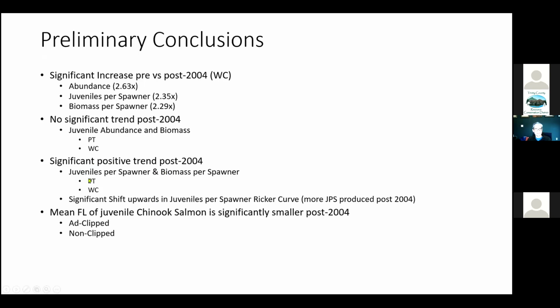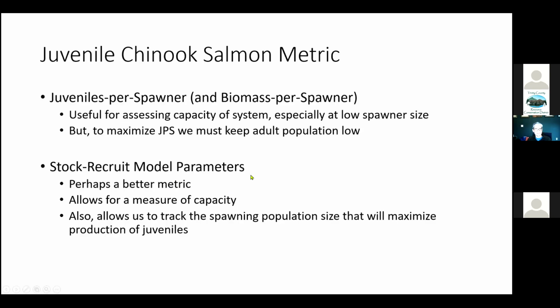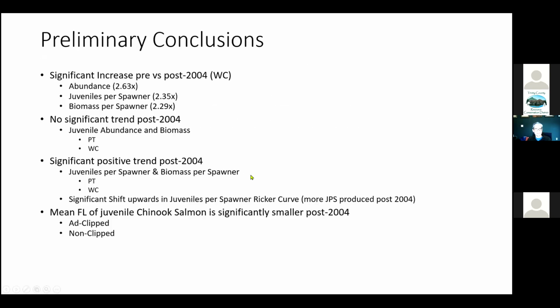We did see a significant positive trend in juveniles per spawner and biomass per spawner. Again, I think that's due to low spawner population size and density-dependent effects, allowing more access to food and habitat for the juveniles that are there.